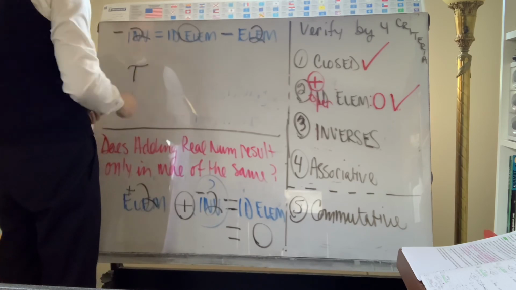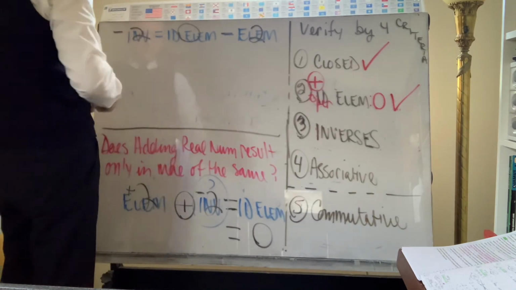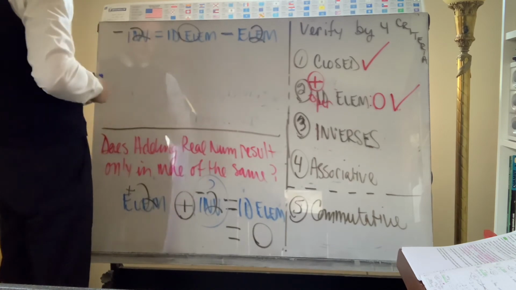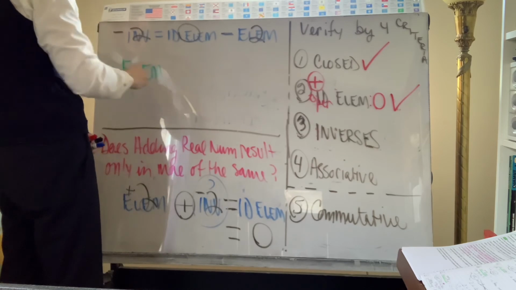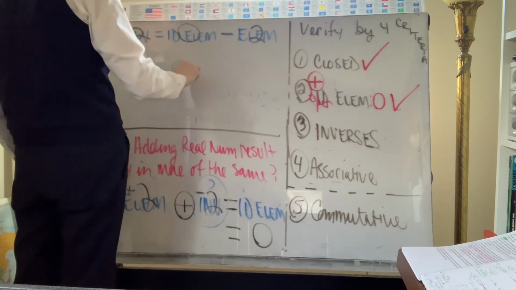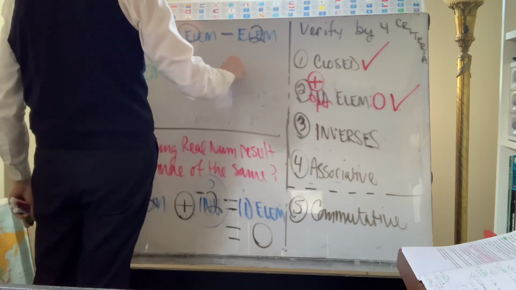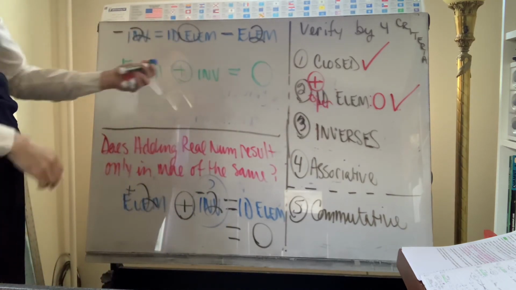If I have the element, I'll put this in green, that is an example of an irrational real number plus its inverse. Does that produce 0? I'm looking at it from this perspective.